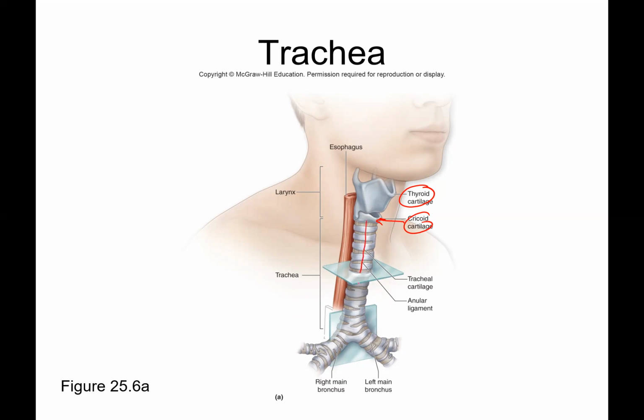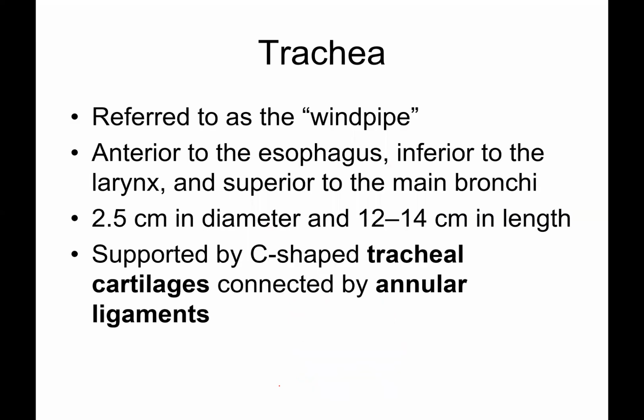Trachea comes down, splits into the primary, then eventually into the secondary, and then tertiary, and then terminal ends. Okay, the trachea is composed of these hyaline cartilaginous rings.